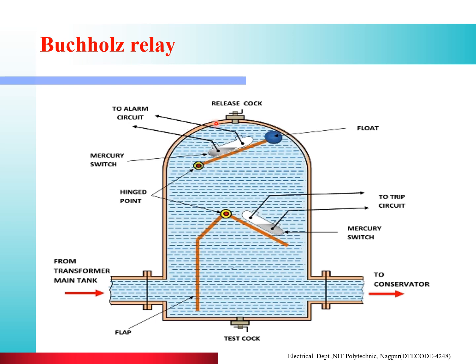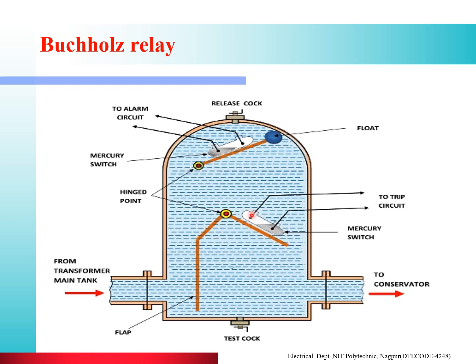Here the Buchholz relay is connected between the transformer main tank and the conservator tank. Here we will see the construction. First, this is the mercury switch, having two terminals, and this is the flap which is connected to the hinge point.